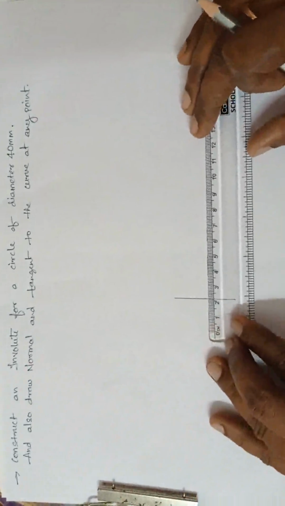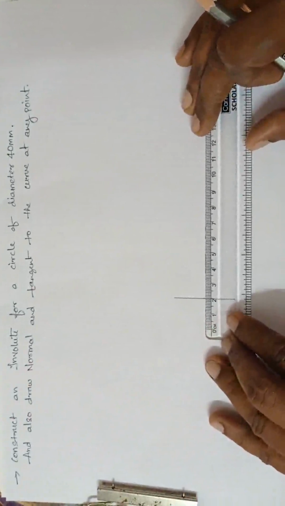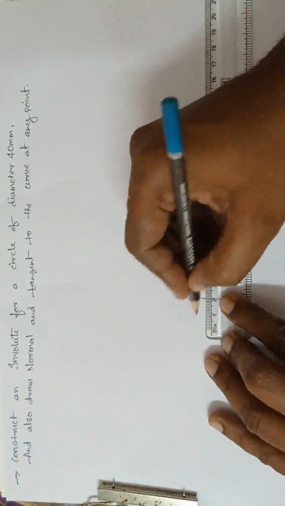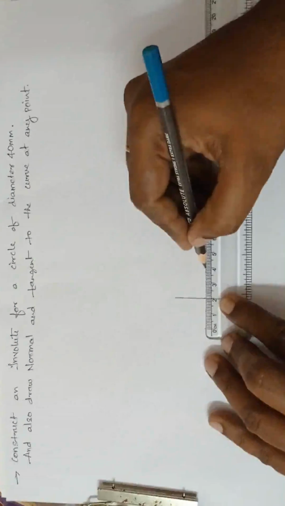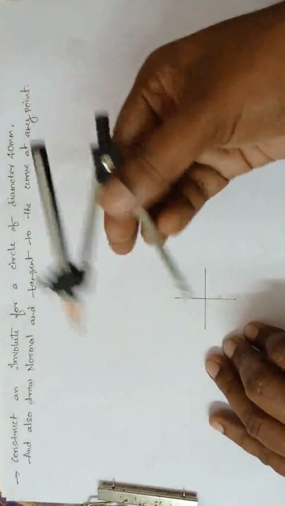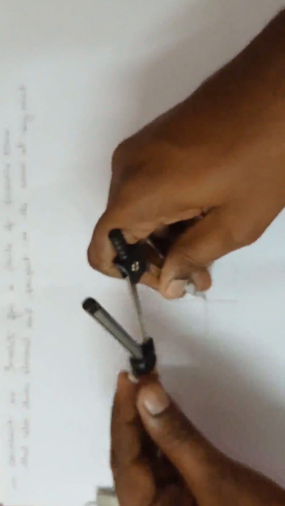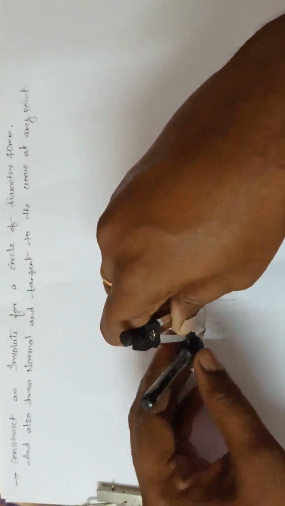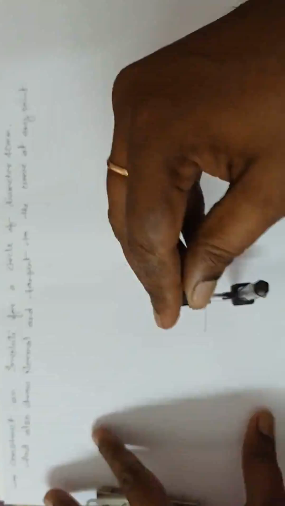Again, I'll draw like this at 20 and 40. Done. Now I can draw the circle very comfortably. O as a center or C as a center. I can take C as a center and draw the circle like this.